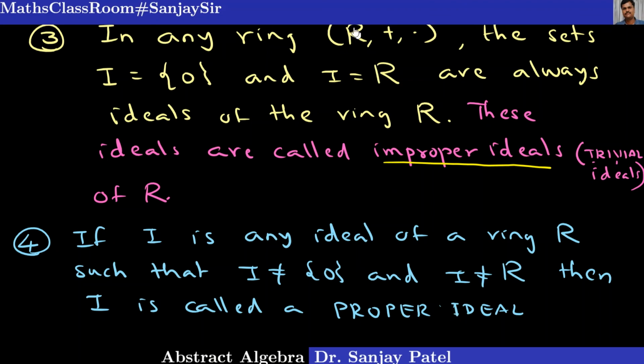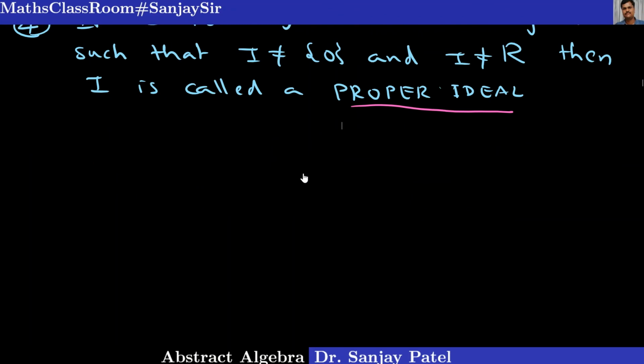Okay. So, what is a proper ideal? An ideal which is different from singleton 0 and R. And remember that all other ideals lie between these two.